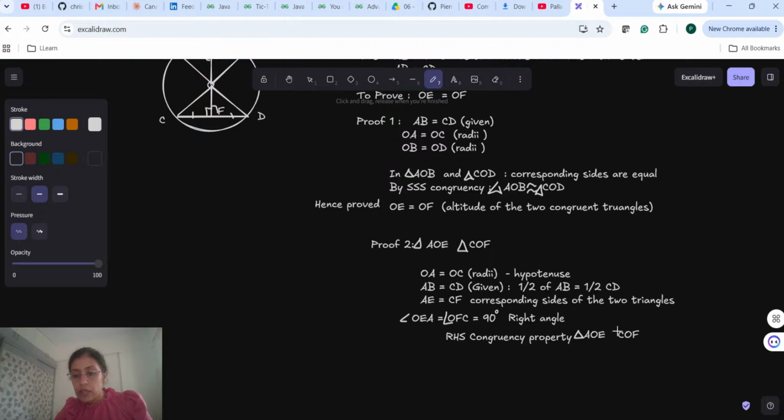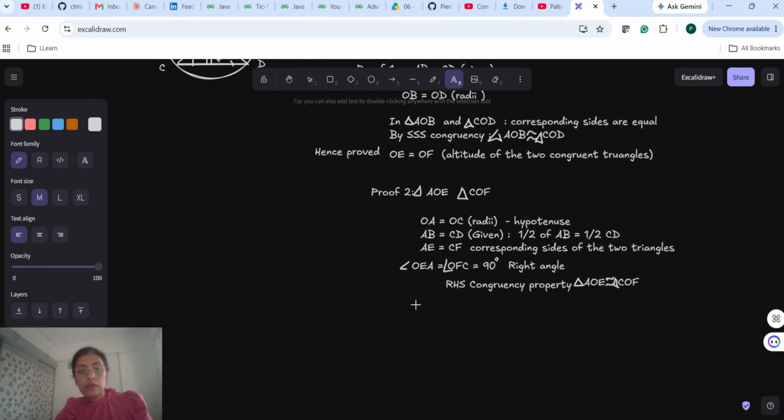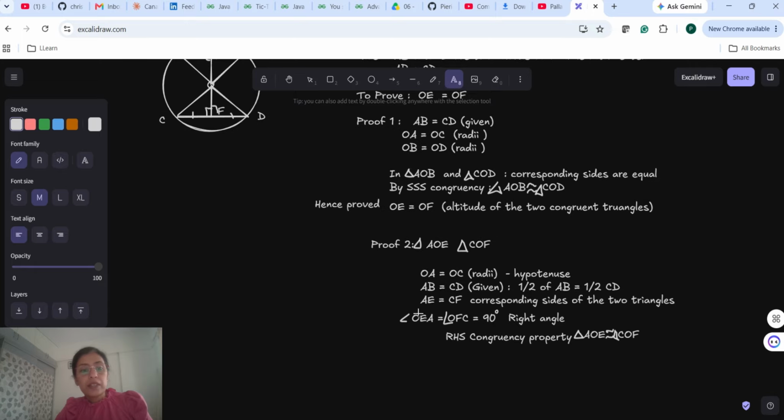Okay, these two are congruent. So what does that mean? This will mean that corresponding sides will be equal. The other corresponding sides will be equal.